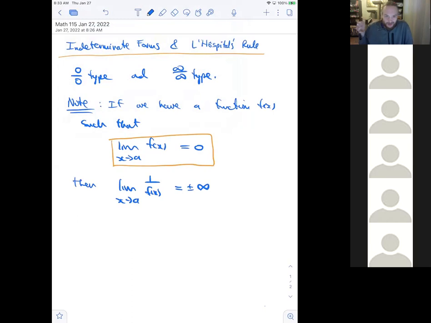Doesn't matter which one it blows up. We'd have to check specifically whether it blows up positive or negative.